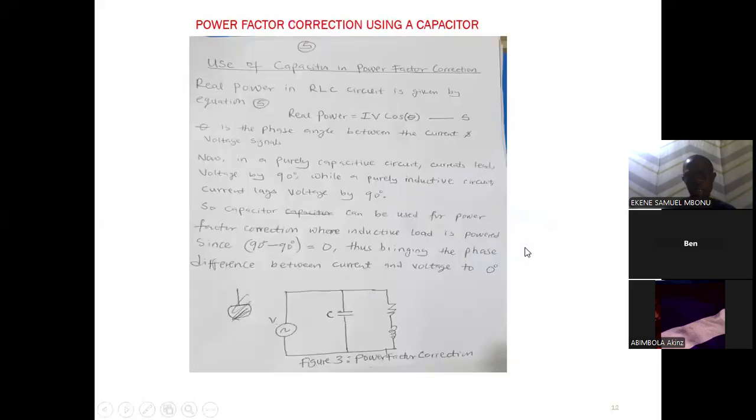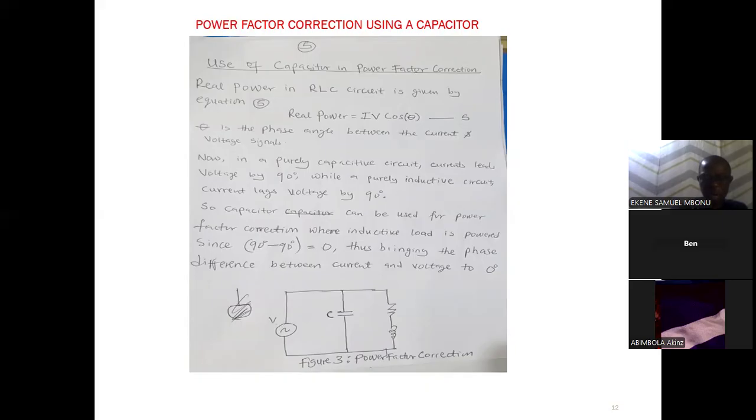The use of capacitor in power factor correction. Based on this information now, that current leads the voltage by 90 degrees, we can begin to see that real power in RLC circuit is given by equation 5, which is power is equal to IV cos theta.